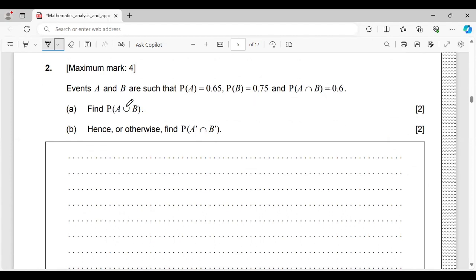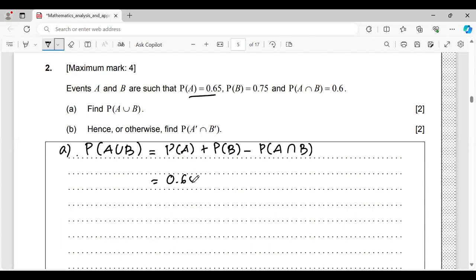Find probability A union B. The formula is probability A plus probability B minus probability A intersection B. So it becomes 0.65 plus 0.75, probability B, minus the intersection 0.6. So it becomes 0.8 if you calculate.